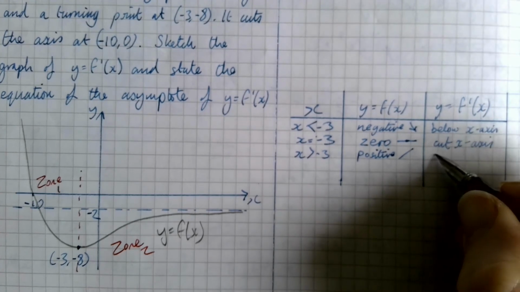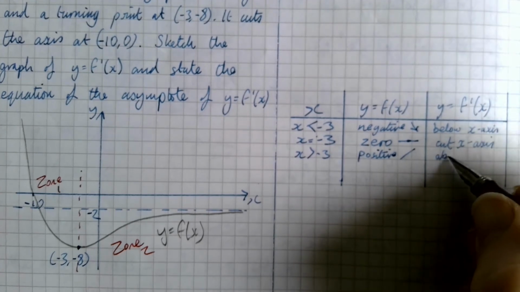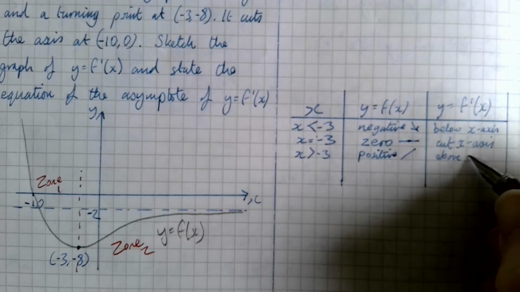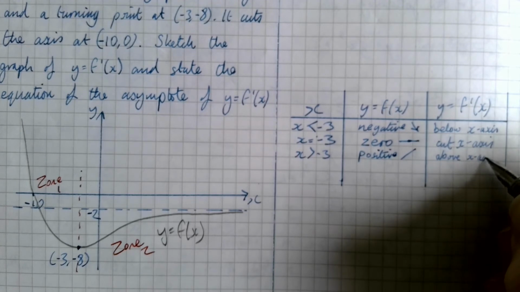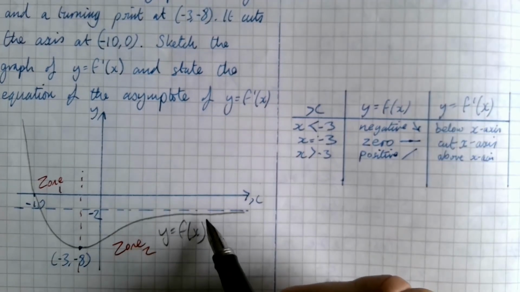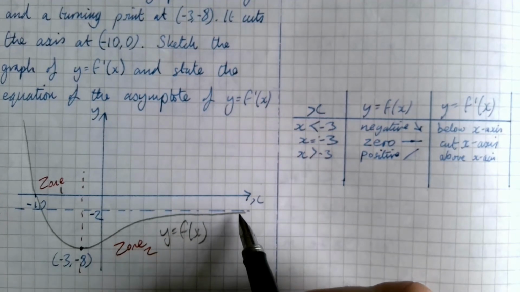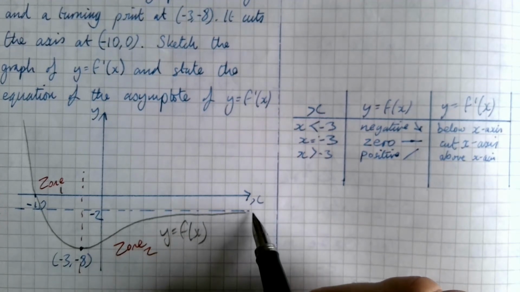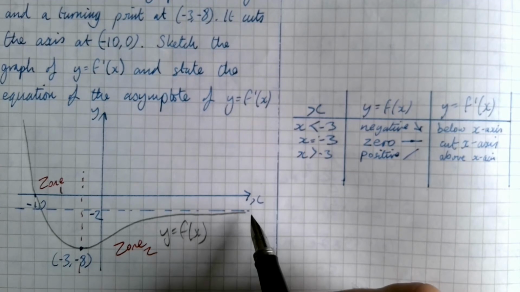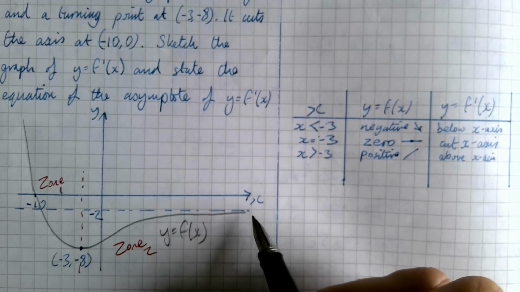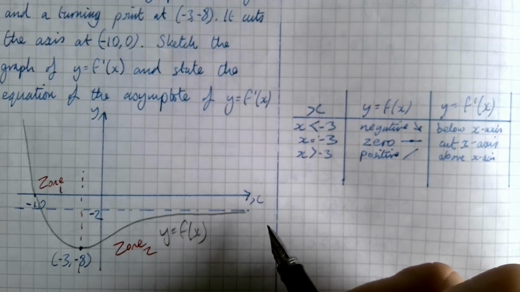So that means it's going to be above the x-axis. But what's also happening is it's getting closer and closer and closer to being 0, isn't it? Which means we're going to have an asymptote getting closer and closer and closer to 0.